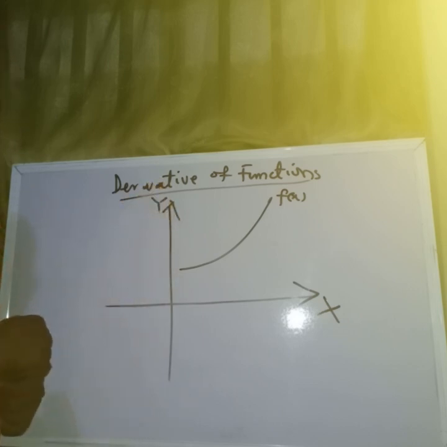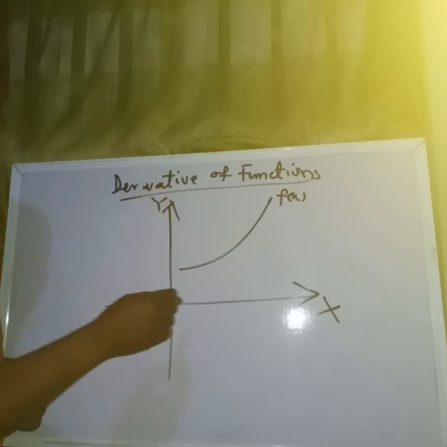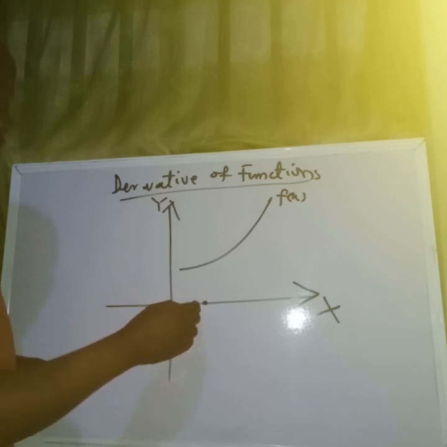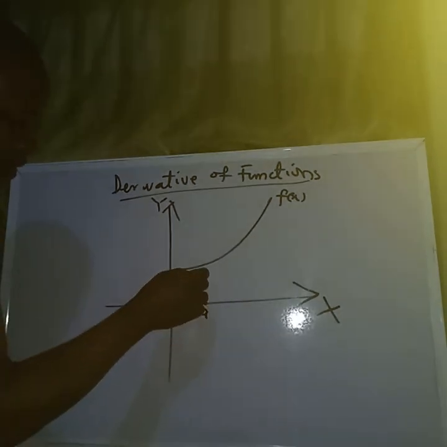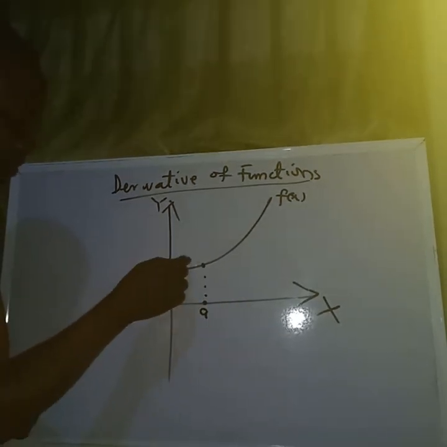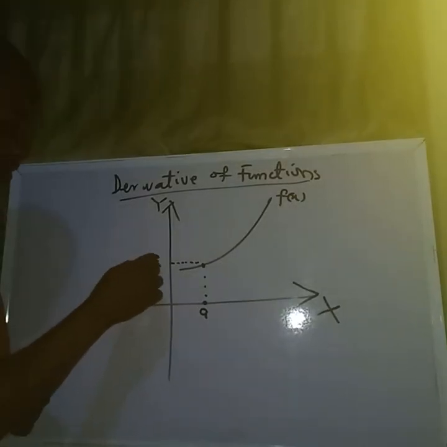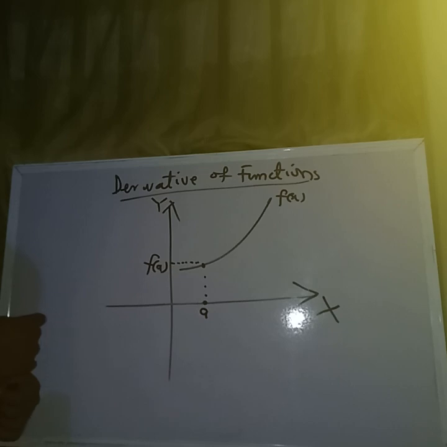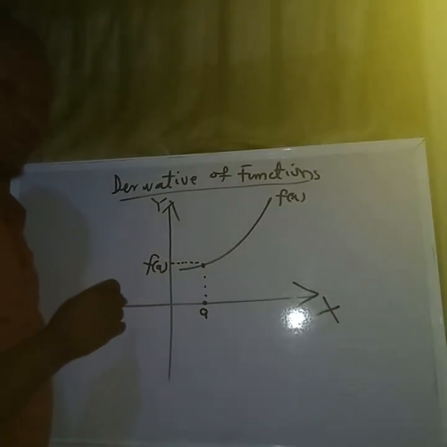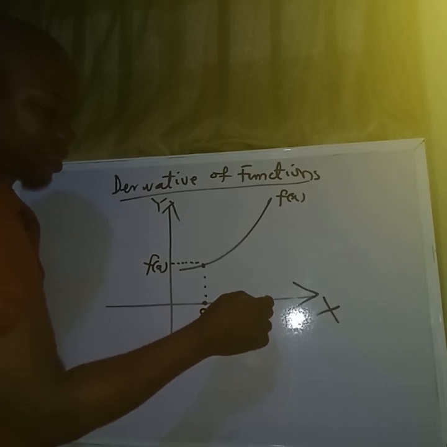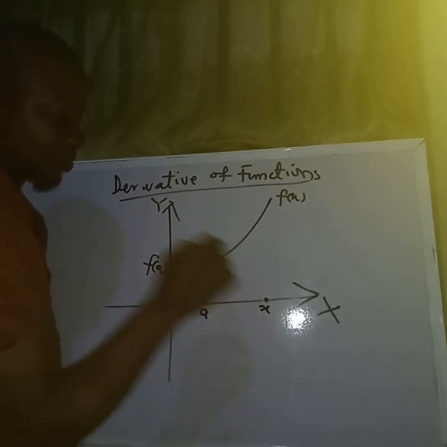If you are to find the slope of this function at a point A on the horizontal axis, if you measure the point here, the corresponding f of A is there. So if I want to find the slope at any point x, let's say we have a point x here.